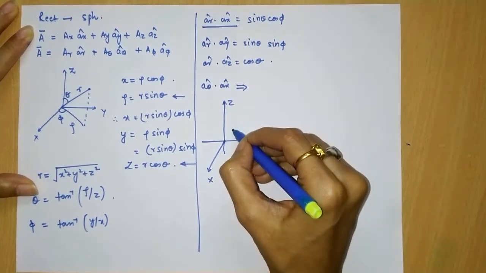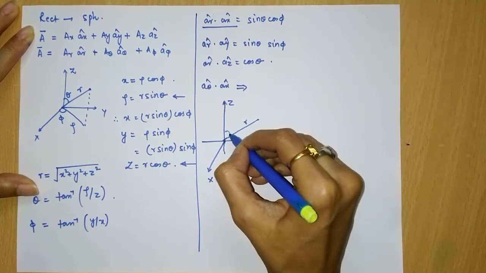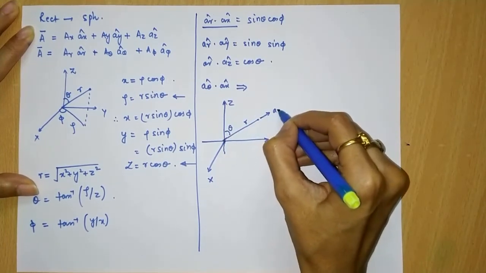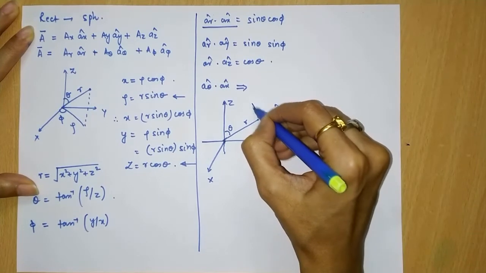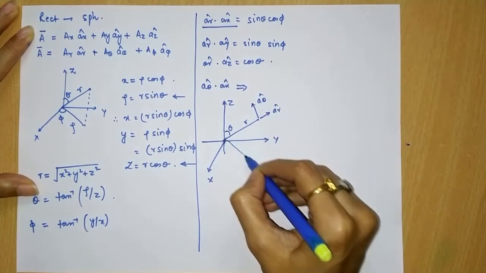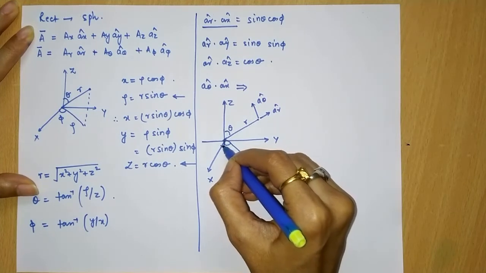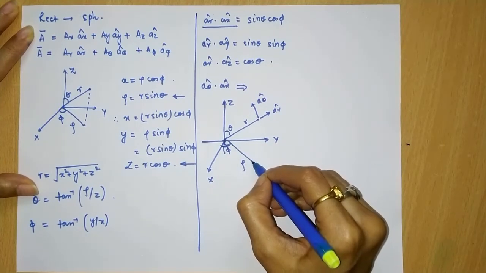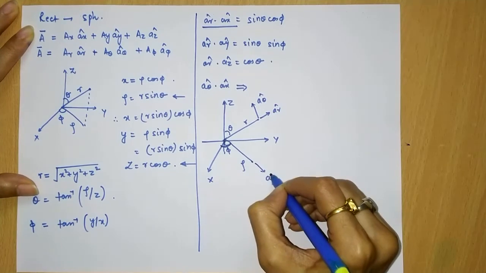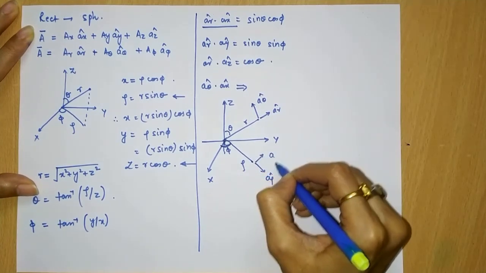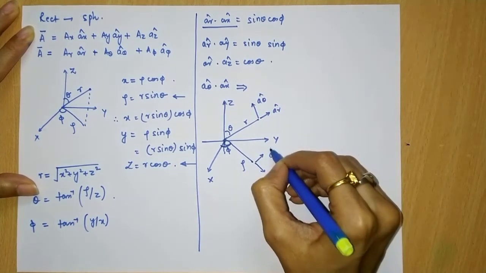Here this is r vector, theta angle, this is ar cap direction. Perpendicular to this is aθ cap, and here we have rho, this is phi, angle from x-axis. So this is aφ cap, this is aρ cap.